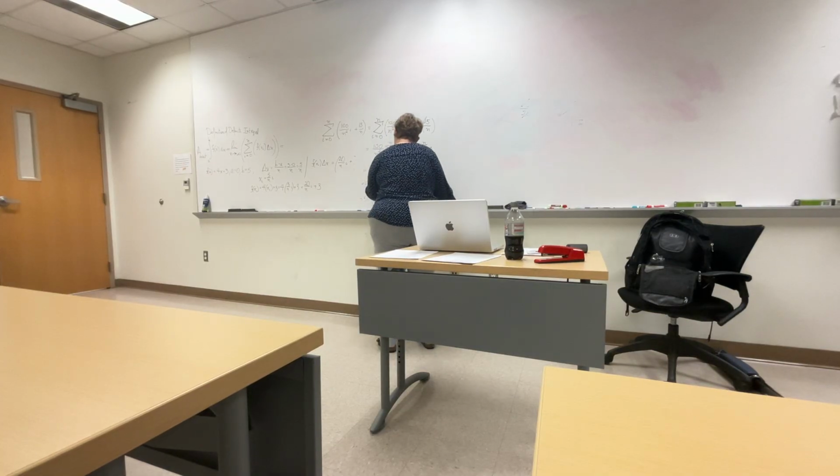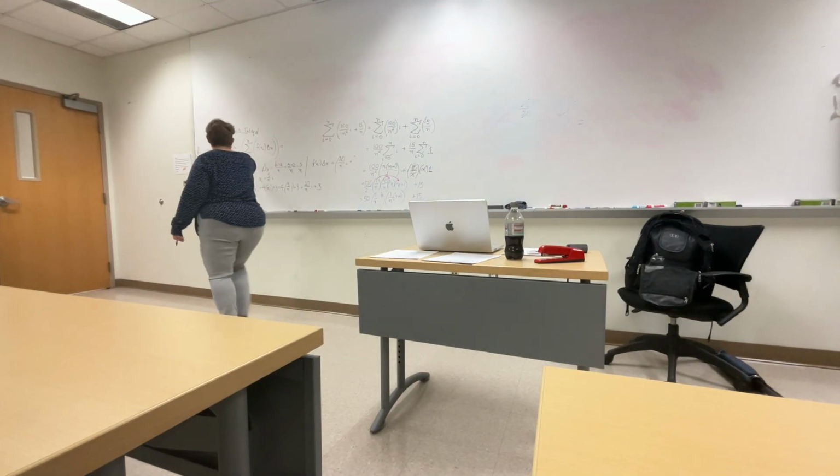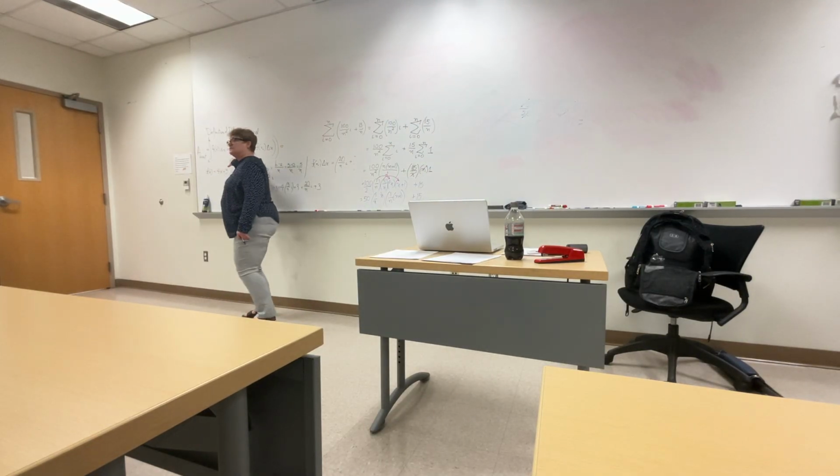So this 1 over n is going into the n term, and then 1 over n times n plus 1, plus 50. Because I'm keeping in the back of my mind the fact that I need to let n go to infinity.